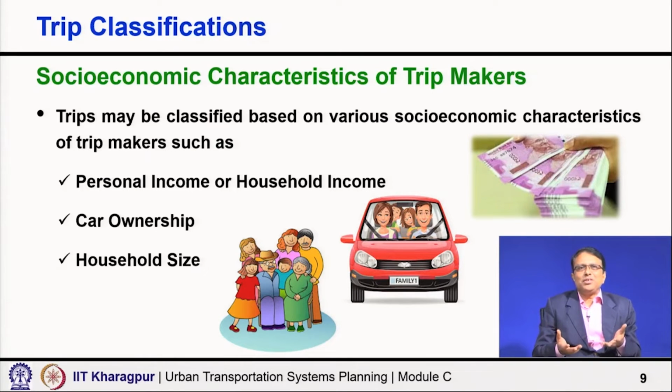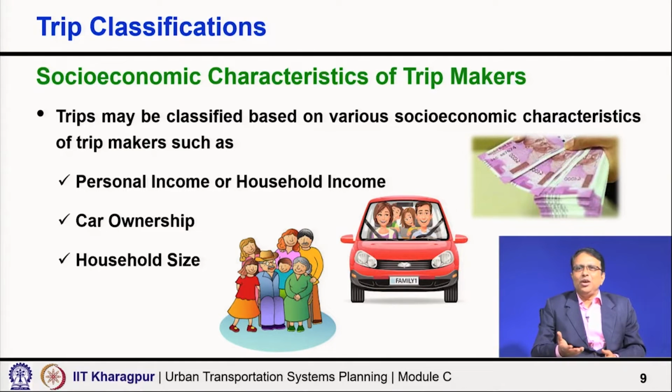A high income person's and a low income person's requirements in terms of the trip, in terms of expectation, are different. Even for the bus service, in most urban areas we are failing to attract because our service is not as per the expectation of the choice riders. Choice rider means those who have access to a private vehicle.